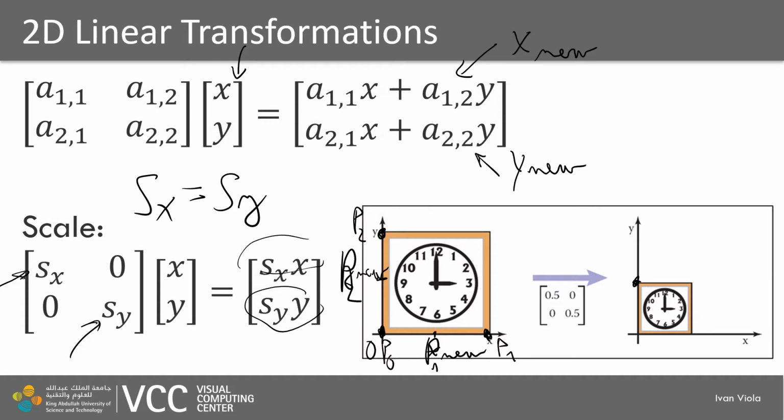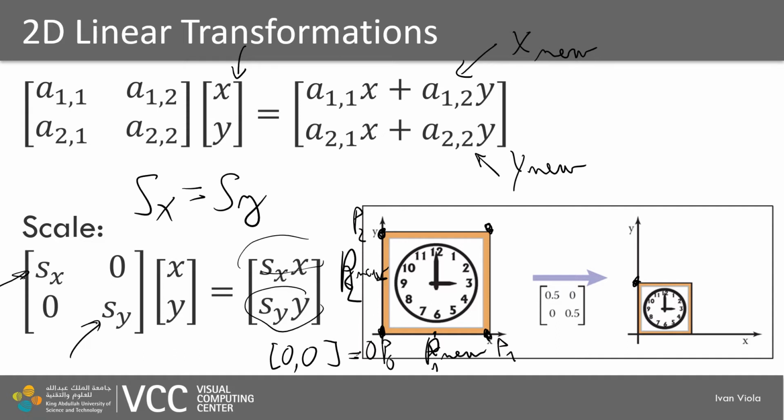After scaling, P0, which has coordinates 0, 0, will result in 0, 0 after the transformation, since multiplying 0 will result in 0.